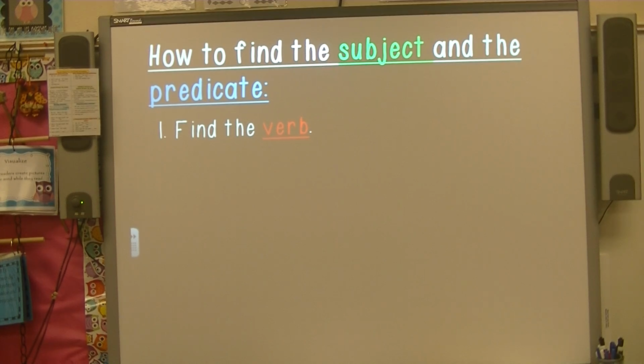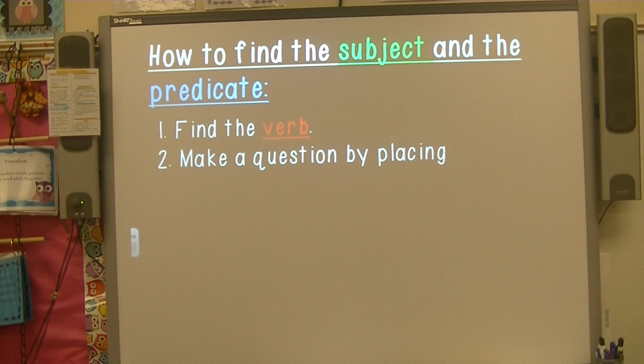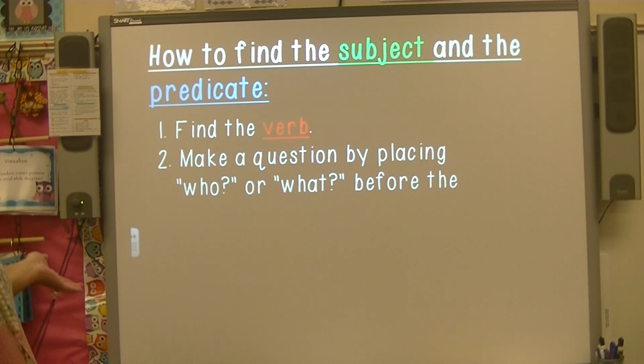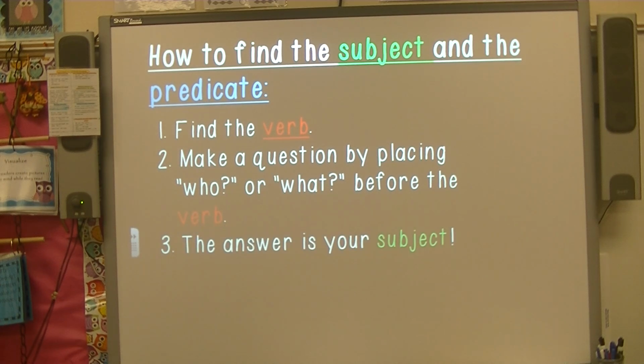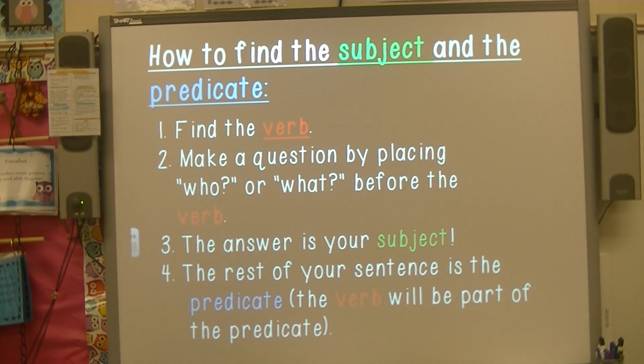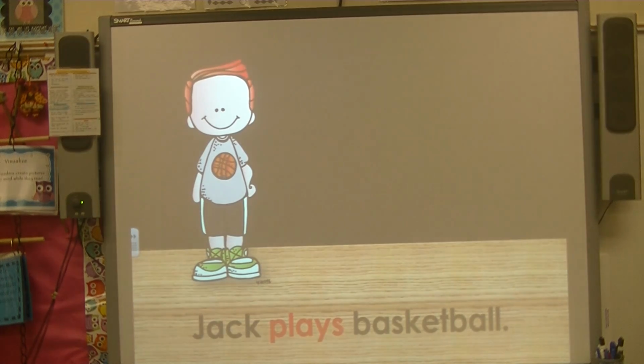First, let's look for our verb or our action word. Then, make a question by placing who or what before the verb. Then that answer will be your subject. The rest of the sentence is your predicate. That's what the subject does or is.